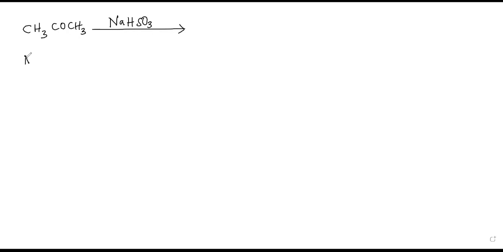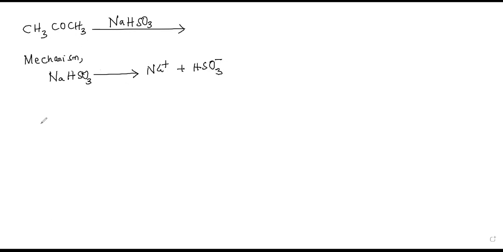Let me first outline the mechanism. That is when it can be easy. Say that you first dissociate sodium hydrogen sulfite. When you dissociate it, you will form sodium ion and the hydrogen sulfite ion.